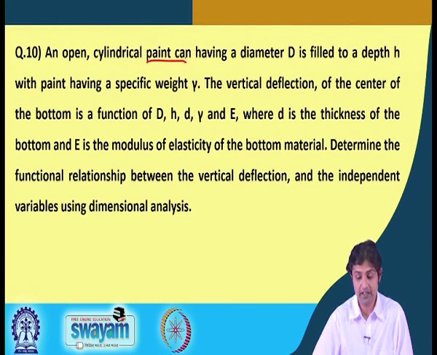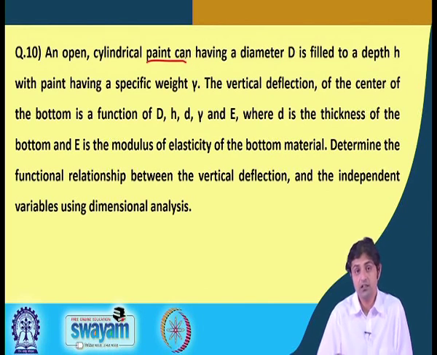The vertical deflection of the center of the bottom, lambda, is a function of D, h, d, gamma and E, where d is the thickness of the bottom and E is the modulus of elasticity of the bottom material. Determine the functional relationship between the vertical deflection and the independent variables using dimensional analysis.